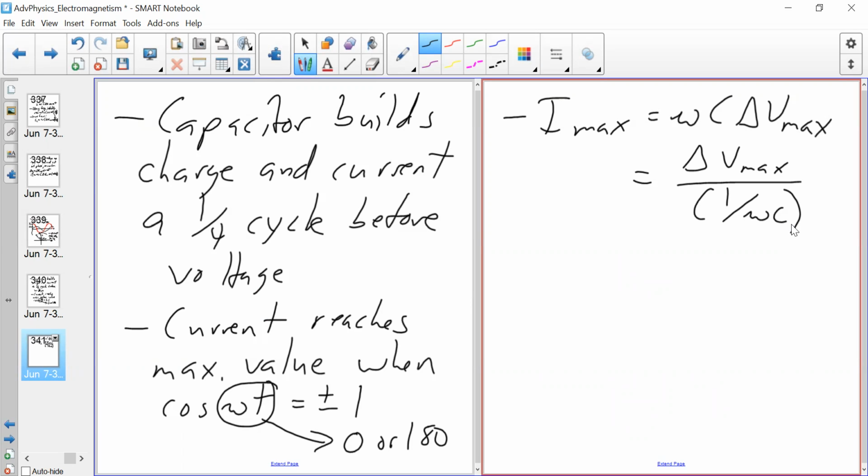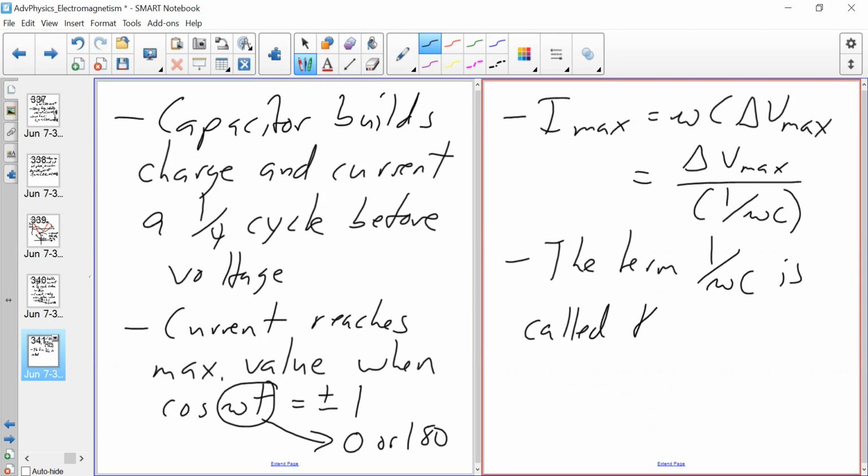So we just divide by the reciprocal in order to get the same form. So we say the term 1 over omega C is called the capacitive reactance. How does the capacitor react to this discharge, governed by the 1 over omega C, very similar to omega L.